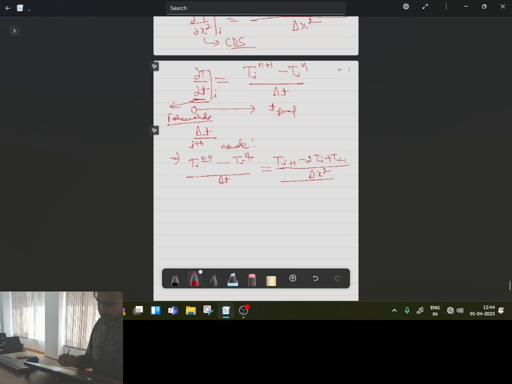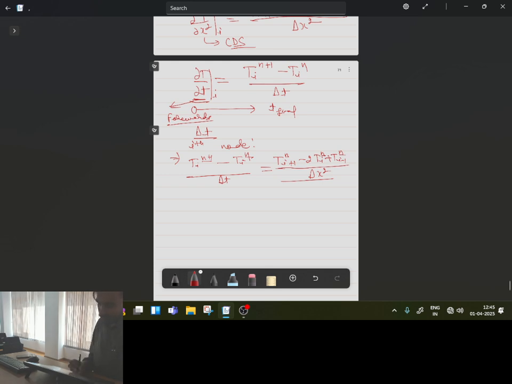There are three approaches to do this. The first approach is where at the present time level only we estimate all these parameters, at time level n only.